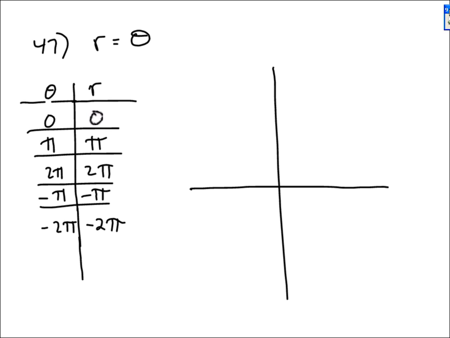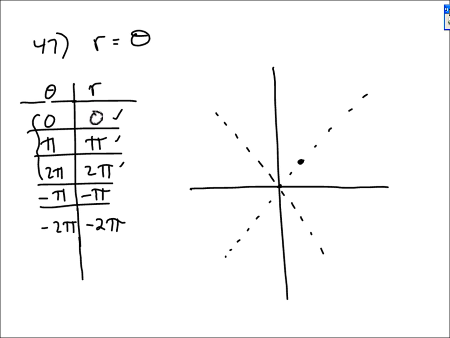As the angle increases, let's talk about first the angle being positive. As the angle increases, R increases. That is, when R is 0, you're right here. Pi over 4, you're right here.